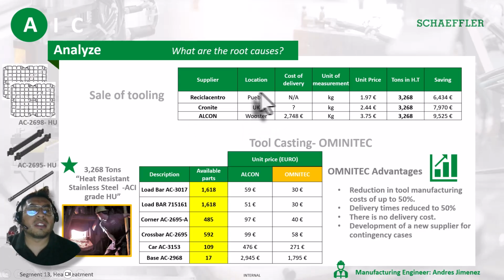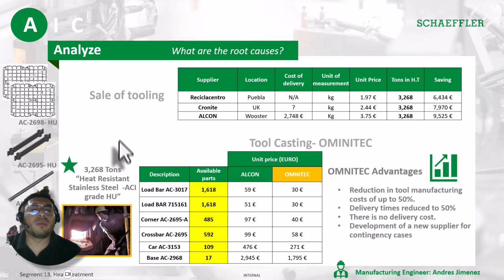One of them was in Puebla, the other supplier was in the UK, and the other was in the United States, Booster. And this is the analysis that we did at the moment. The savings were this. But this is one option.